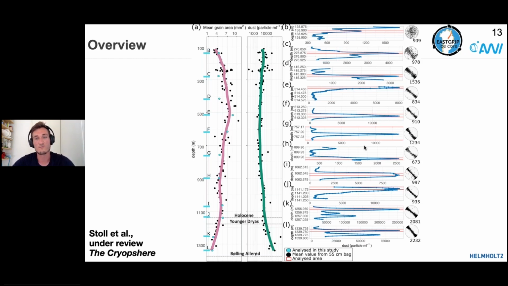Just to give you a brief overview, we sampled different areas throughout the core with different dust concentrations, but we always tried to sample an area where we have quite a lot of dust, because finding those micro inclusions is quite a lot of work if there's not much dust in the ice, especially in the Holocene.